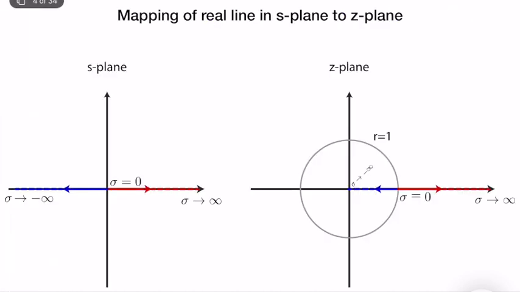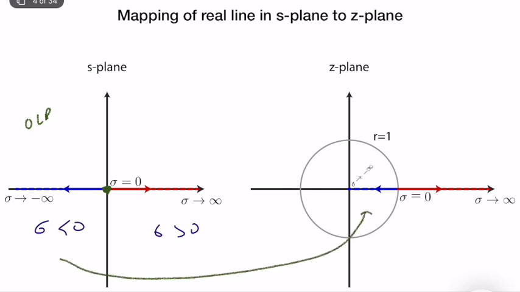This is sigma less than 0. This is sigma greater than 0. And here we have a point where sigma is equal to 0. Sigma less than 0, which is the open left half plane part, is mapped to this part, whereas the positive real axis is mapped to the part where z is greater than 1 and it goes to infinity.